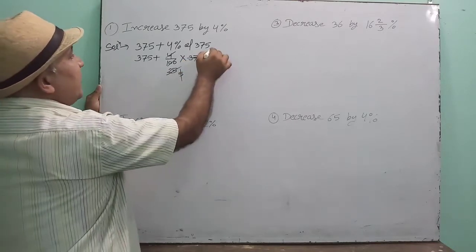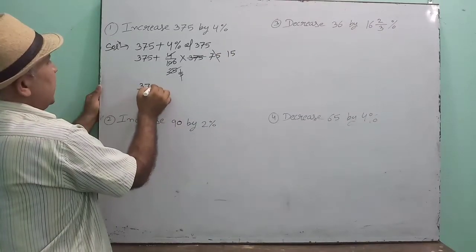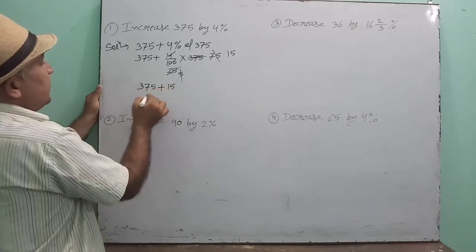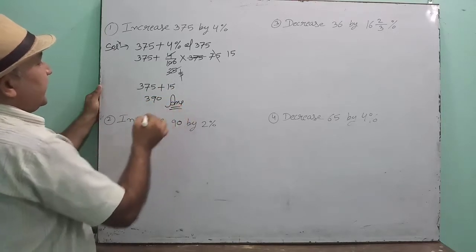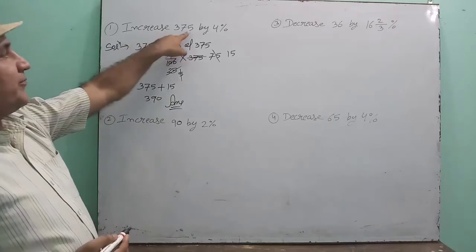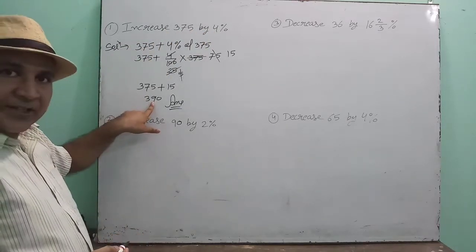Now 5 can divide 75 by 15 times. That means you have 375 plus 15, which is 390. When 375 is increased by 4%, it will become 390.